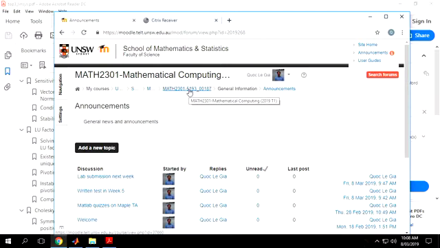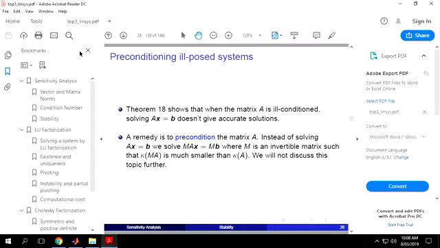Whether you do it or not, it's only 1%, okay? So only in week 4, okay? Yes.